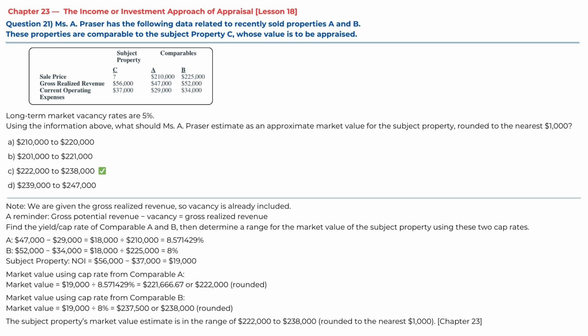Market value using cap rate from comparable A. Market value equals $19,000 divided by 8.571429% equals $221,666.67, or $222,000, rounded. Market value using cap rate from comparable B. Market value equals $19,000 divided by 8% equals $237,500, or $238,000, rounded. The subject property's market value estimate is in the range of $222,000 to $238,000, rounded to the nearest $1,000.